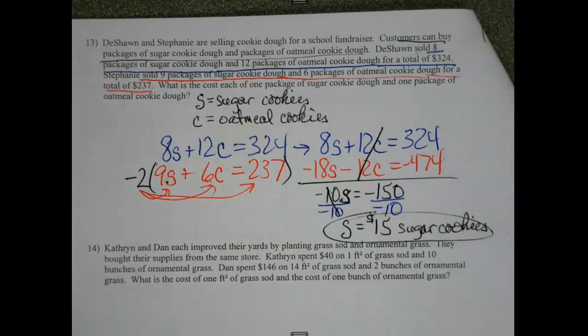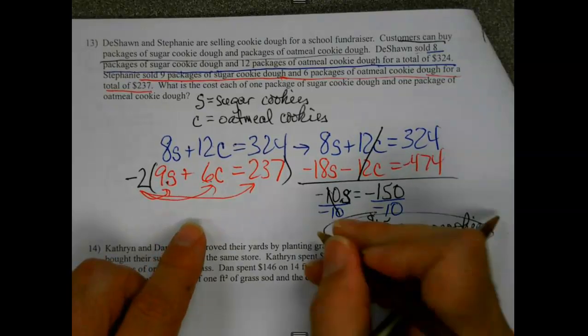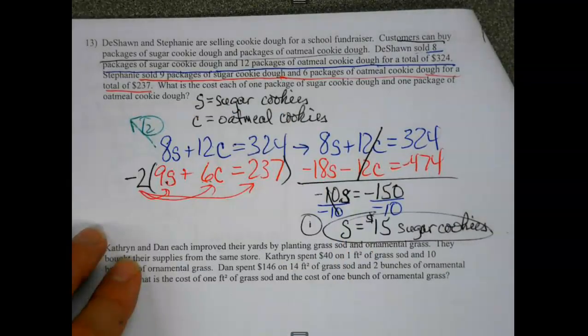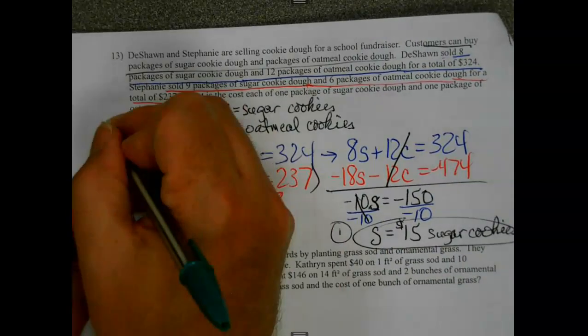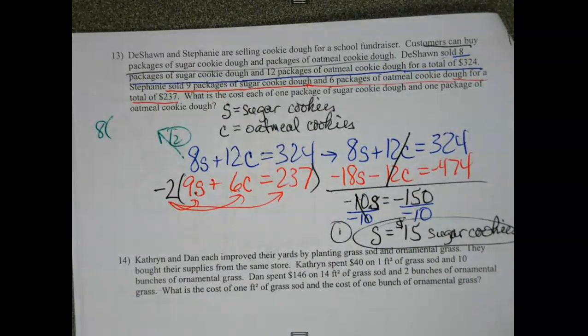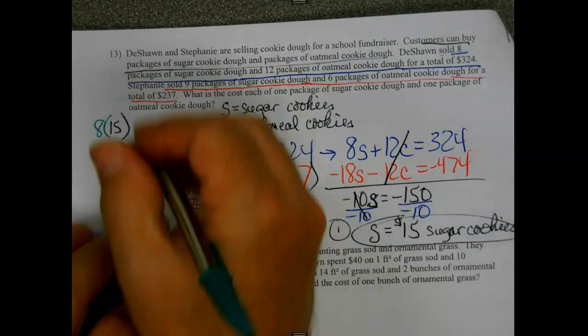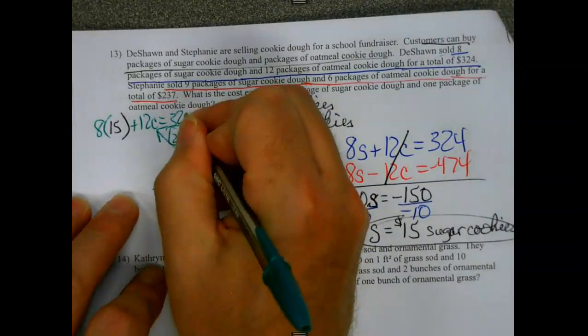Okay, got it. But I still need to know how much the oatmeal cookies cost. So again, just like we have before, I can go back to either of the original equations. I'll even call this 1, and I'm going to do this for 2. I'm going to retake this blue equation here, and I'm going to plug in the S when I get to it. So 8 times 15, because that's what the sugar cookies cost, plus 12C is 324.